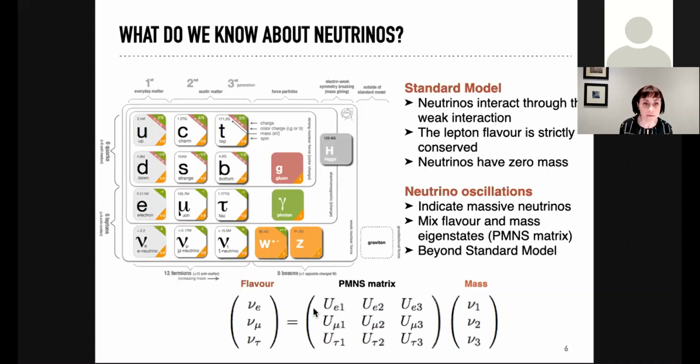This is the so-called Pontecorvo-Maki-Nakagawa-Sakata matrix, or PMNS matrix, and these are the corresponding matrix elements. They are very important because they tell you how the neutrinos oscillate and what we can observe in the end. So that's a fundamental question.